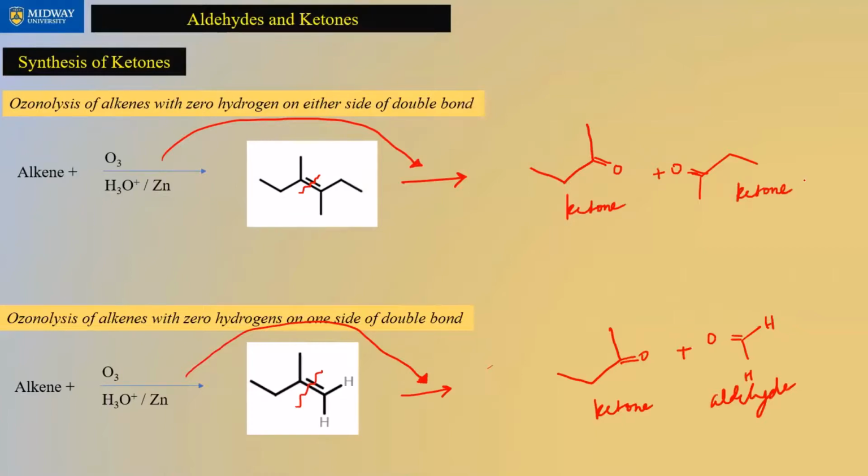So we've looked at two separate cases for aldehydes and two separate cases for ketones. Just look at them. They may look confusing in the first attempt, but it's very, very simple. Basically, if you don't have any hydrogens on either side of the double bond, you get a ketone. The rest of the times you will have an aldehyde. It's just that simple.